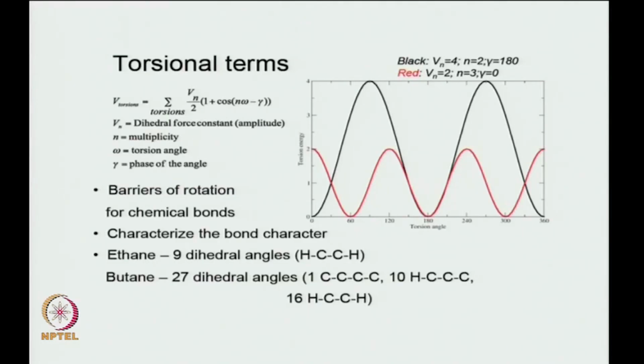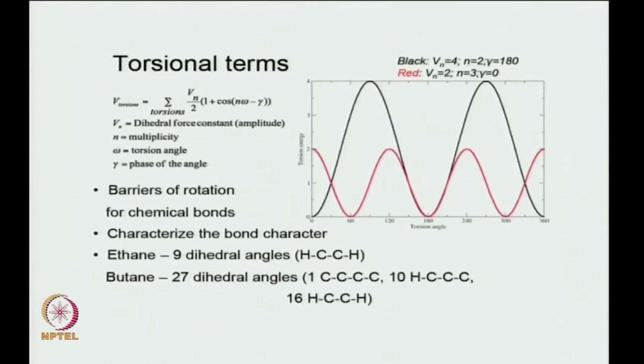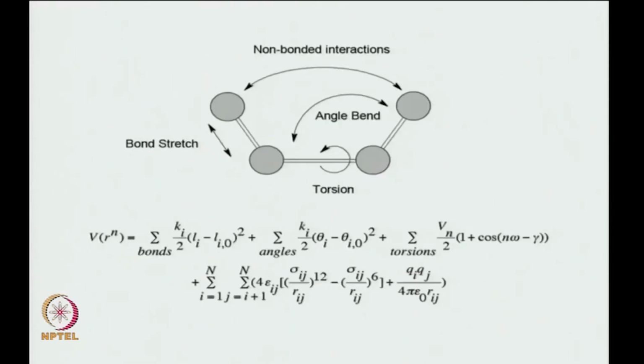These are different curves: red is for n equal to 3, where periodicity is 3, and this one is for n equal to 2, gamma equal to 180. So, these are different things people look at, and obviously the last term, if you remember, we looked at at some length.